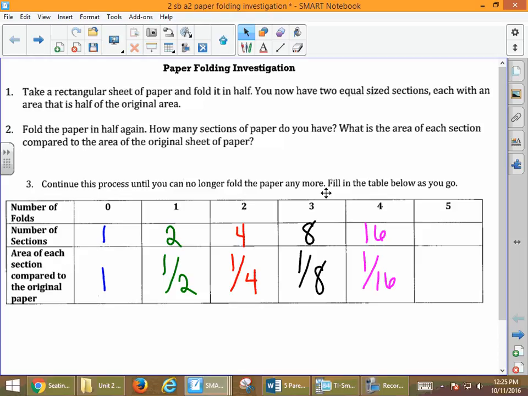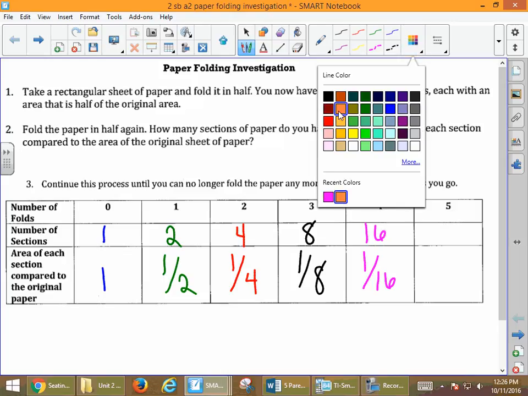So we'll fold that back up, and one more time. It's starting to get difficult. Again, you don't have to be super precise on this. You can get the idea of it because it's starting to get hard to fold. But how many sections do you think we've got? 32.